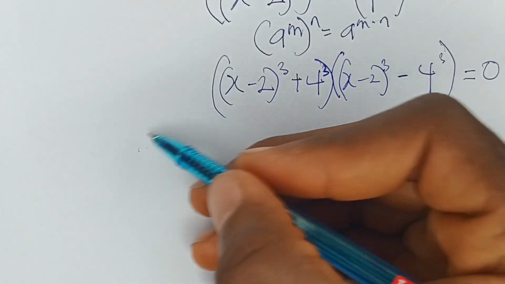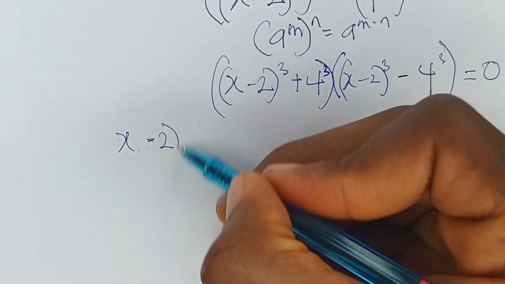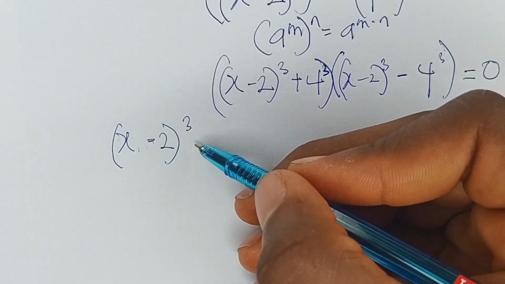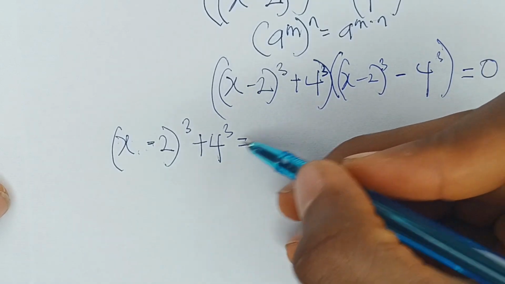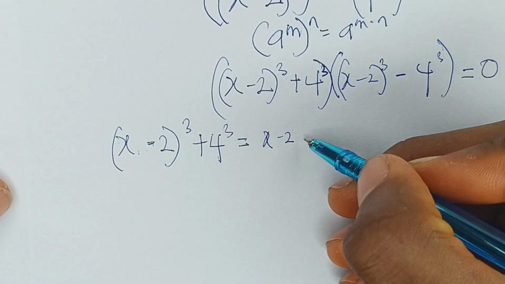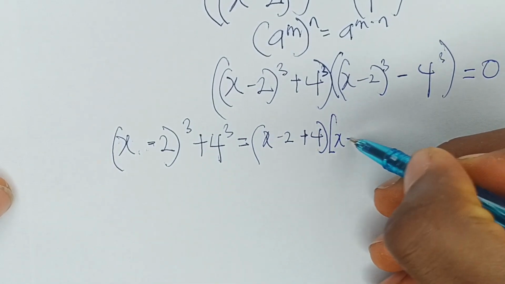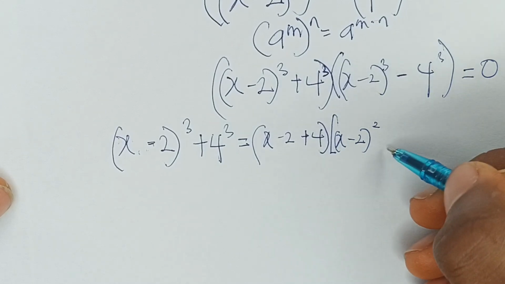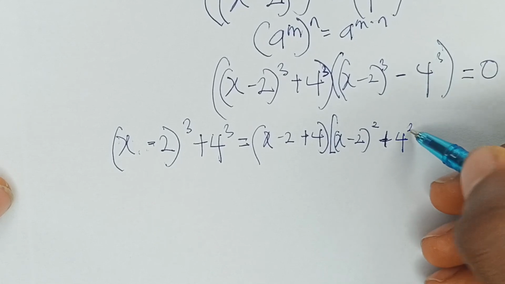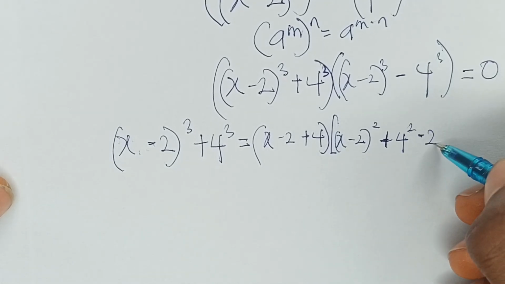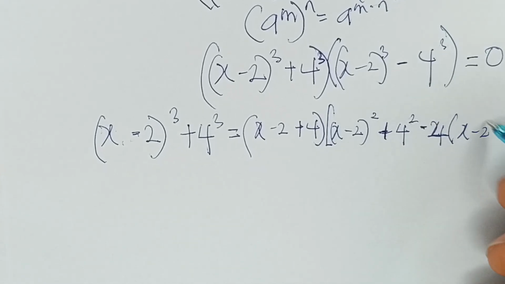So from the sum of two cubes, (x − 2)^3 + 4^3 is equal to (x − 2 + 4) multiplied by ((x − 2)^2 + 4^2 − (−4)(x − 2)).